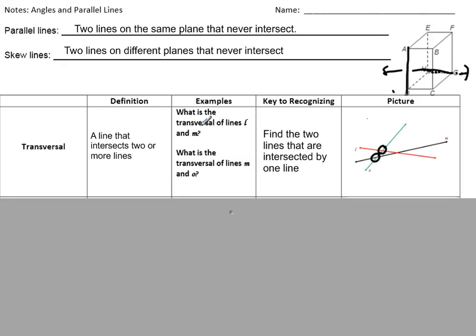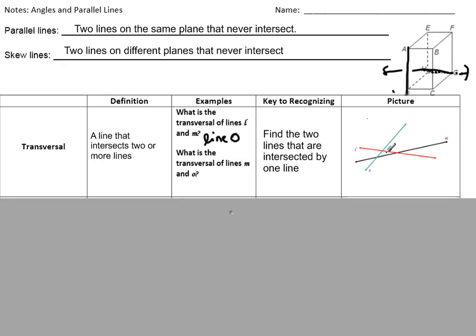So the first question is, what is the transversal of lines L and M? Well, here's line L, here's line M, and you see that line O intersects line M and line L. So the transversal of L and M would be line O. What about the transversal of lines M and O?